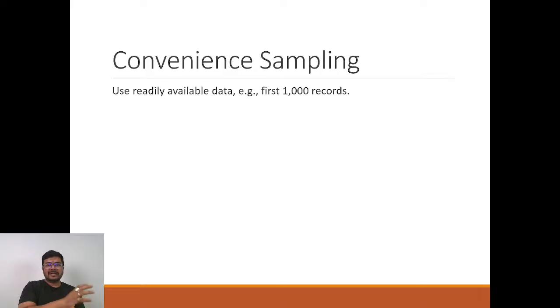And I'll sample 100 such people whom I find first. Basically, readily available data. Whenever I get out of the building, the readily available person in front of me, I'll just ask him or her their opinion, and that would be my data. And this kind of sampling is called convenience sampling.